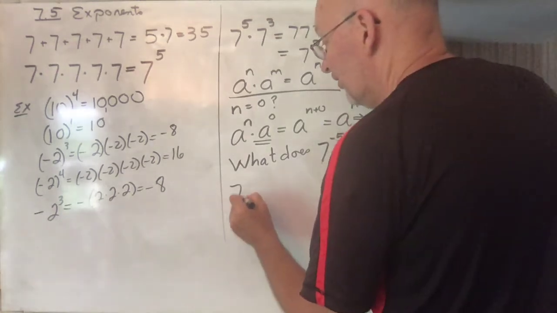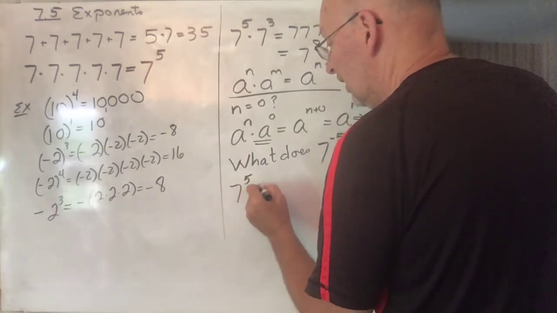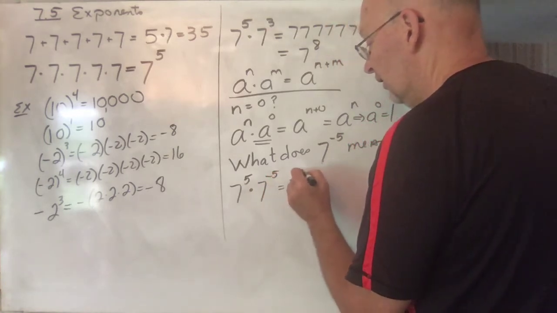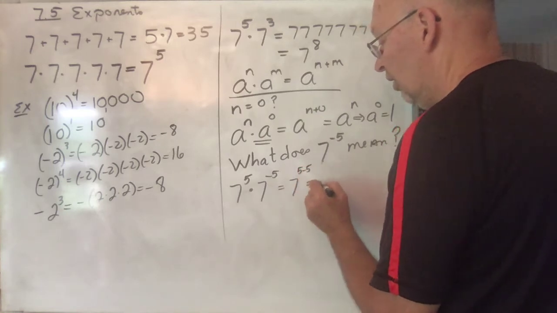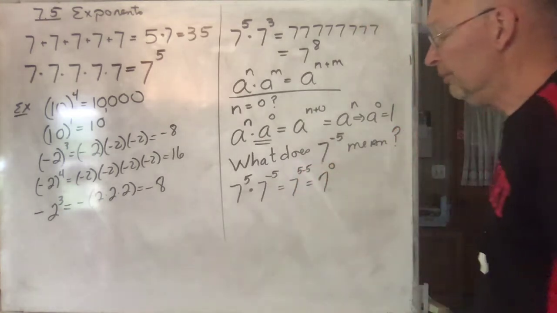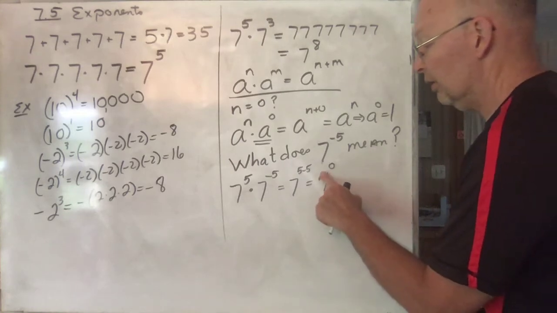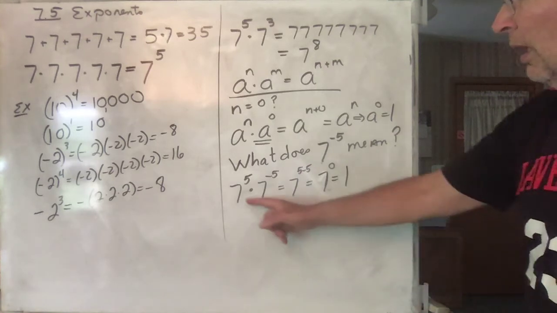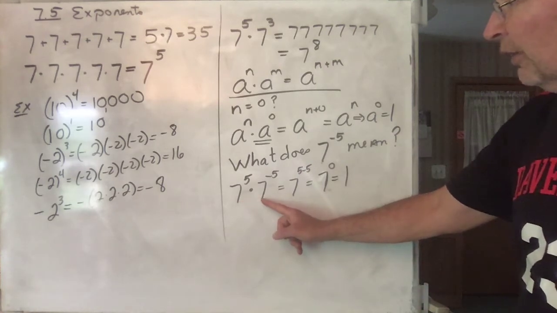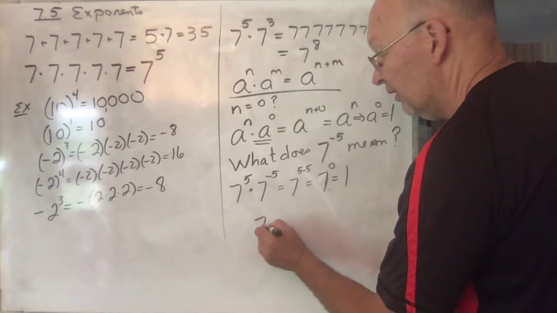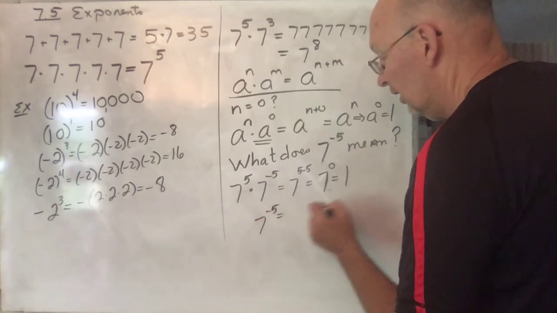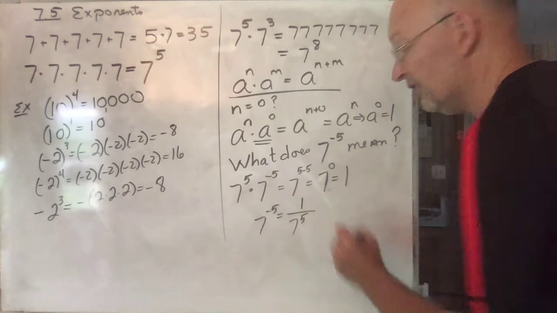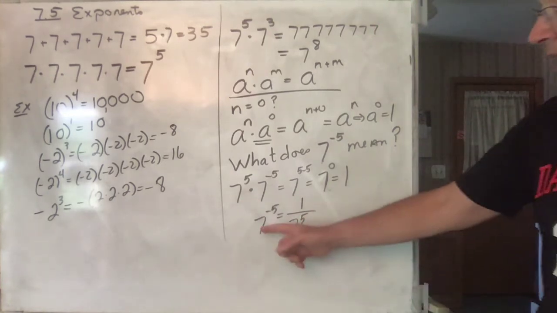Well, 7 to the 5th times 7 to the negative 5th is equal to 7 to the 5 minus 5, which is 7 to the 0, and 7 to the 0 is equal to 1. So now I can divide both sides of the equation by this and get 7 to the negative 5th is equal to 1 divided by 7 to the 5th. See that?